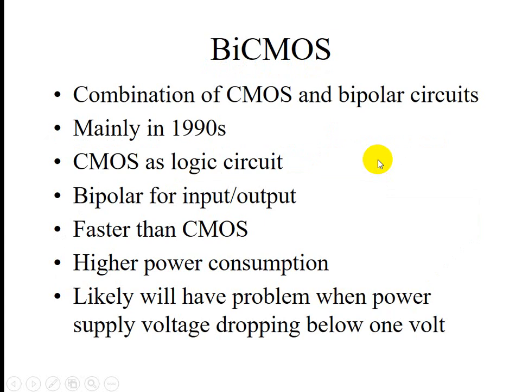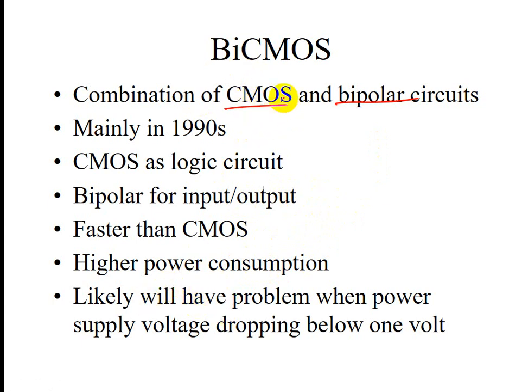The so-called BiCMOS is a combination of CMOS and bipolar junction transistor, taking advantage of both. It was mainly developed in the 1990s.